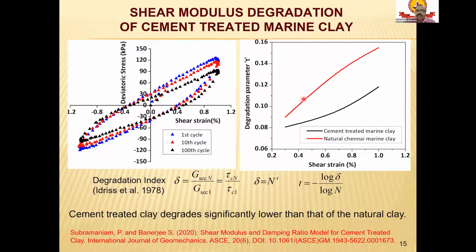This is the degradation level. The red line is for the natural clay, and the black line indicates the cement treated clay. It shows that cement needs a much higher strain level to break the bonds or the pozzolanic matter to reduce the stiffness, which is good.